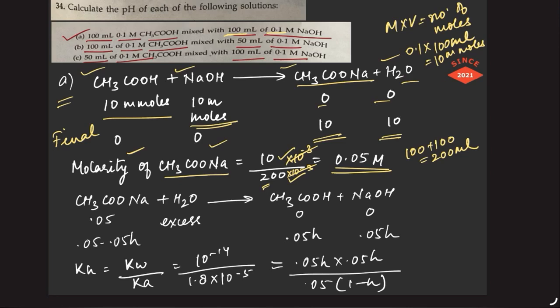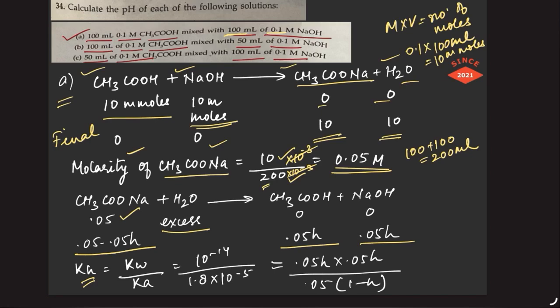So amount of sodium acetate left is 0.05 minus 0.05 H. Amount of acetic acid formed is 0.05 H and amount of NaOH formed is 0.05 H. And initial concentration of sodium acetate was 0.05 moles per liter, and acetic acid and NaOH, the concentration was 0. Water is taken in excess. Now what is the value of KH? This has been done in previous questions also.